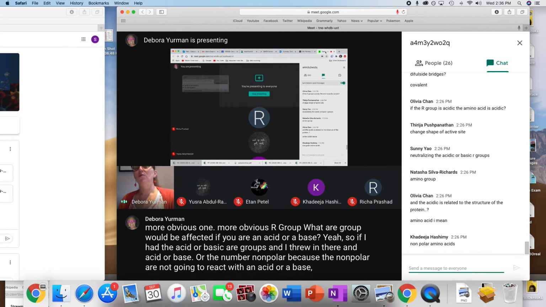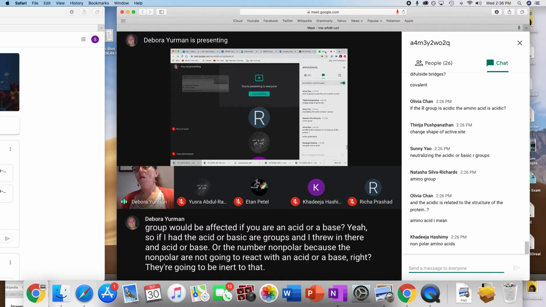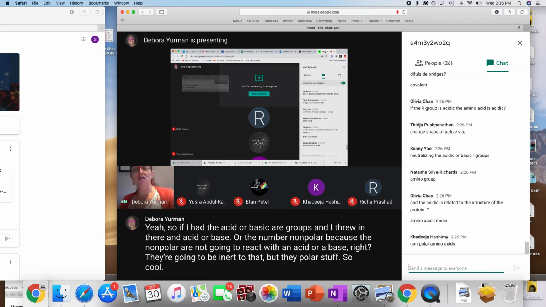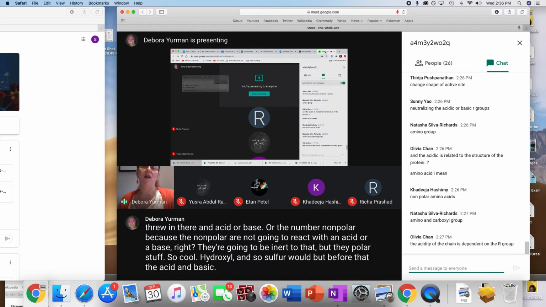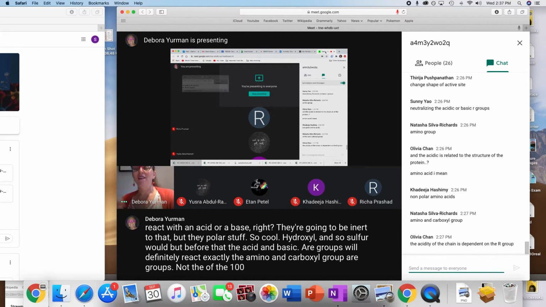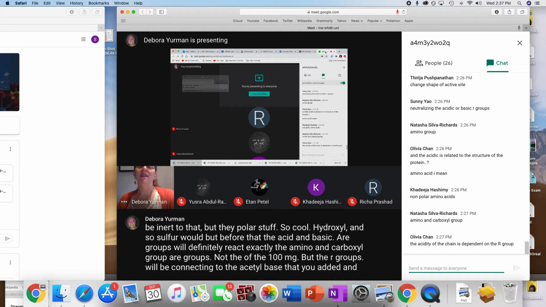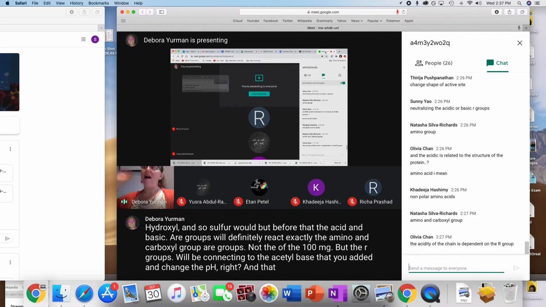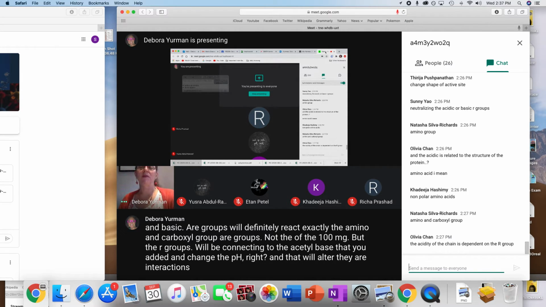They're going to be inert to that. But the polar stuff, hydroxyl and sulfur would, but before that, the acid and basic R groups will definitely react. The amino and carboxyl group R groups, not of the amino acid itself, but the R groups, will be connecting to the acid or base that you added and changed the pH. And that will alter the R interactions and it will alter the shape.